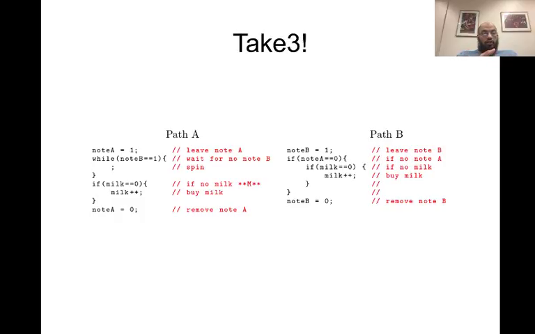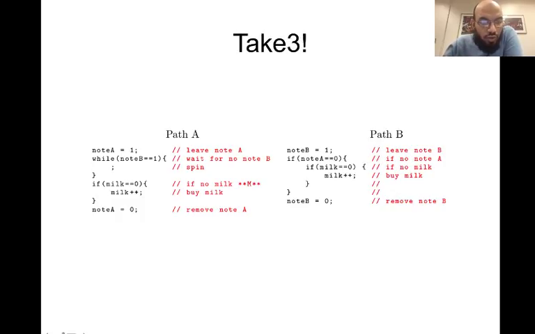It checks if note B has been changed. And the second one, on the other hand, does not spin forever. It just checks if note A is equal to 0, and then if yes, it checks for milk, and then goes and buys milk, and then changes note B. So when these two are running in parallel, let us go back to programming basically.